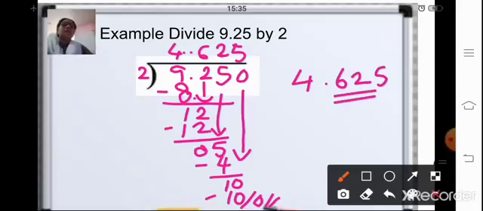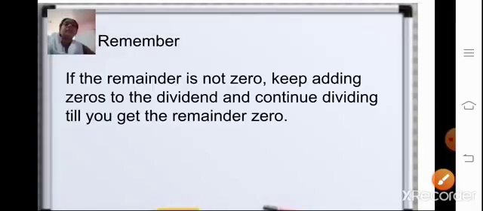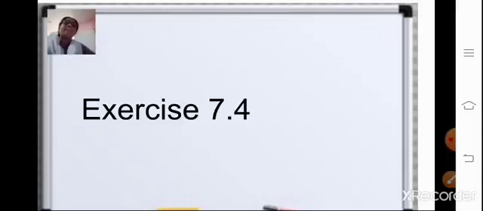Now remember that if the remainder is not 0, keep adding zeros to the dividend and continue dividing till you get the remainder 0. This is applicable only to the sum where you have been told to divide till you get the remainder as 0.